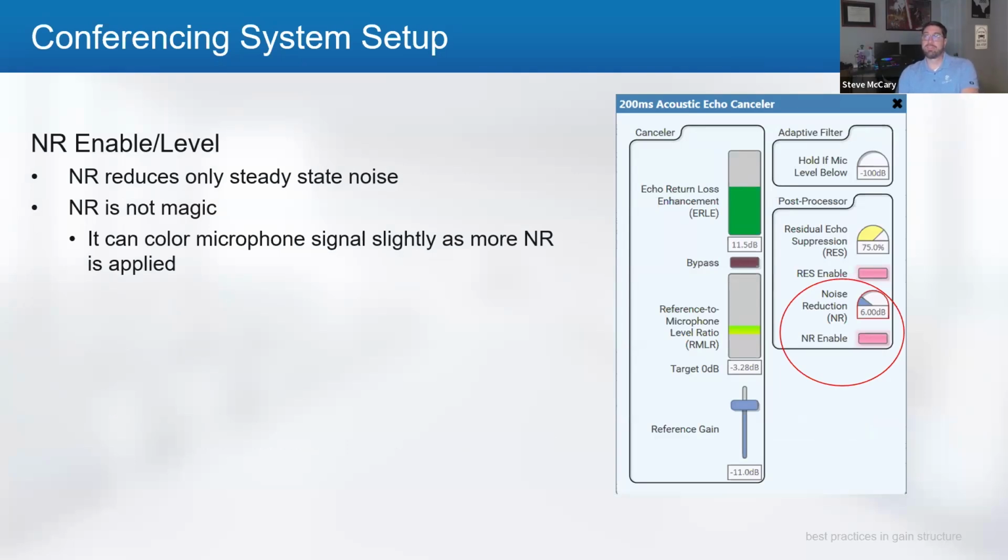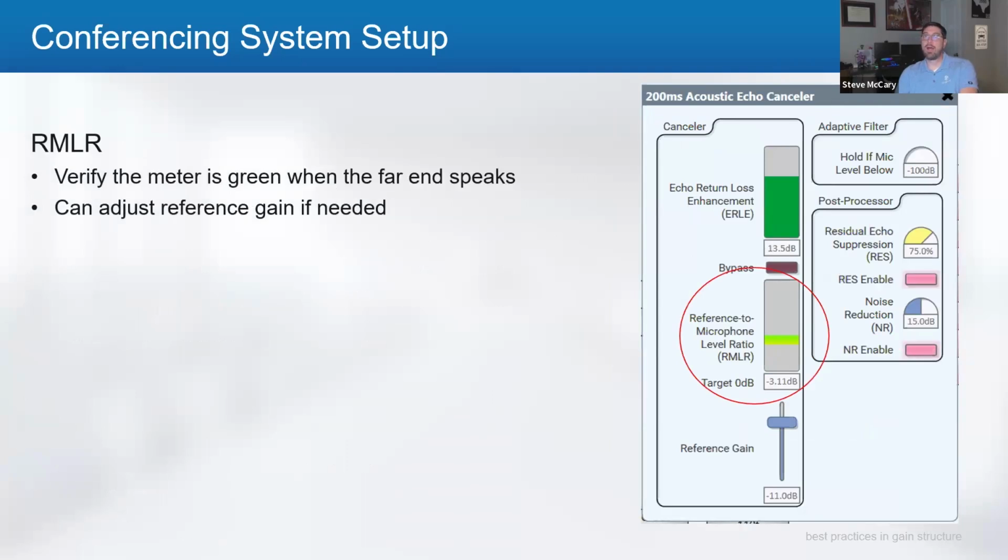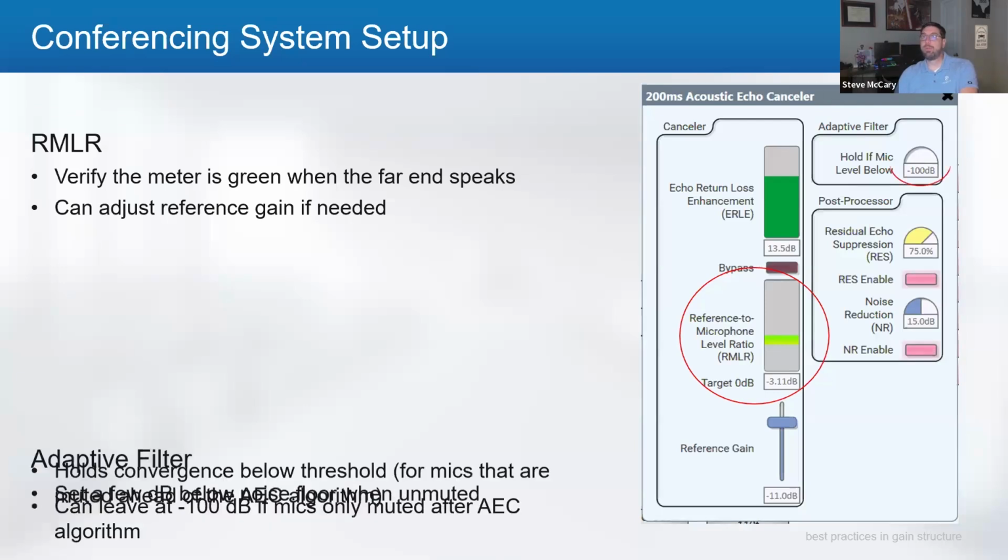This is going to be some steady state noise. We can also check our RMLR. So when the far end is talking, this should be green, and you should be getting close to that target of 0 dB. You can adjust that reference gain slider to get yourself closer to that 0 dB target.